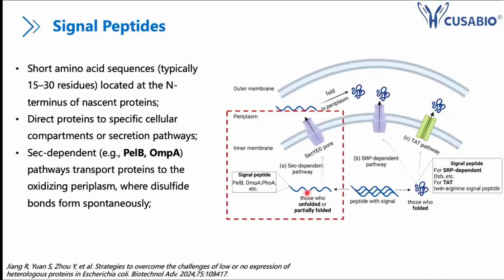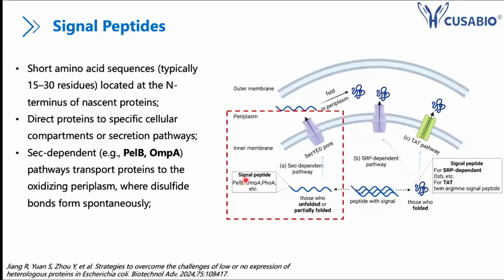We talk about inclusion bodies, which can easily form inside E. coli. I think it's basically because the recombinant proteins are located in the cytoplasm, and the cytoplasm is a very reducing environment. In the reducing environment, the disulfide bonds cannot be properly formed.